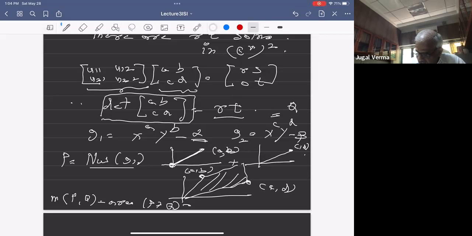So this is just the determinant, AD minus BC, but this determinant is RT. So we have derived Bernstein's theorem for binomials using the Hermite normal form of 2 by 2 integer matrices.